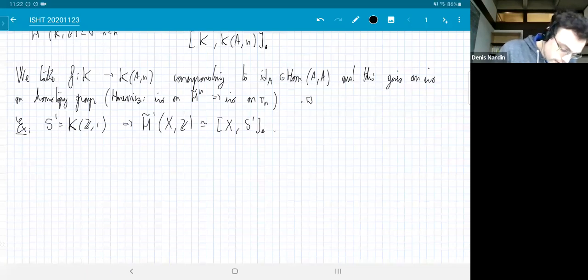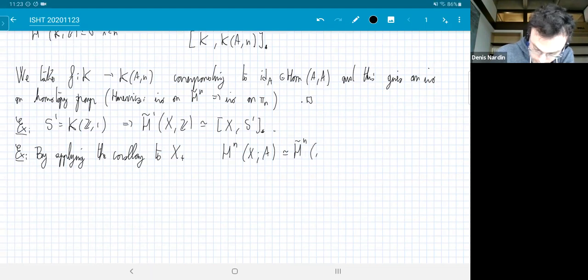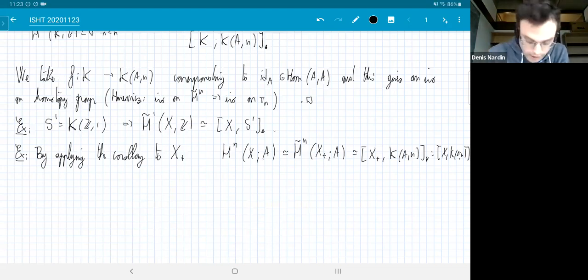And actually, another example, by applying the corollary to X plus instead, you get that Hn of X comma A, which is Hn tilde of X plus comma A, is the pointed homotopy classes from X plus to KAN, which is just homotopy classes from X to KAN, where X plus is just X, disjoint union a base point.